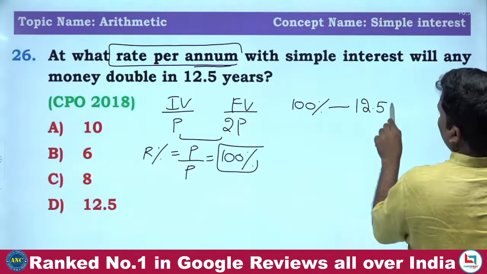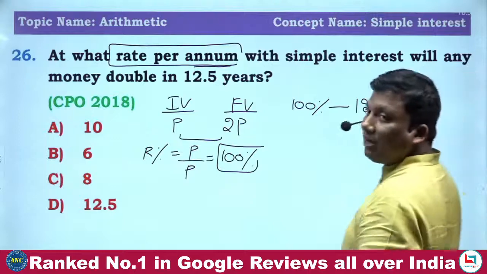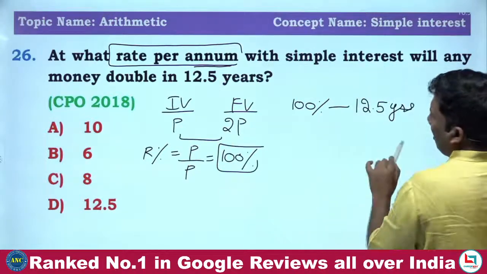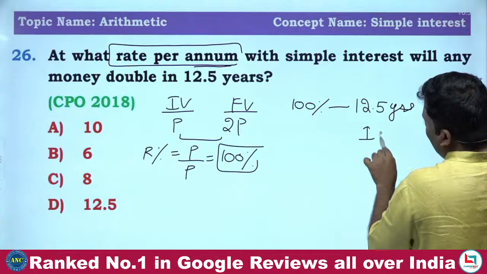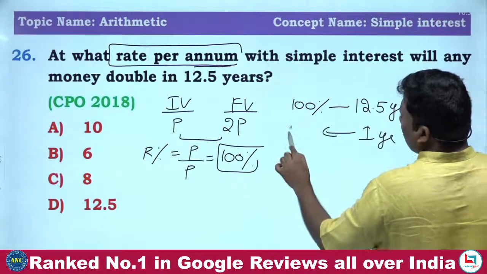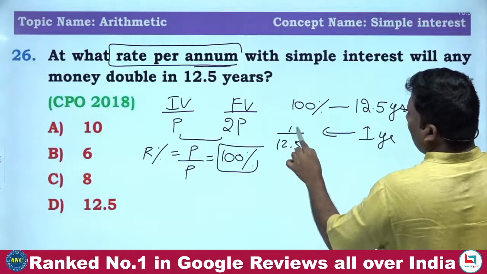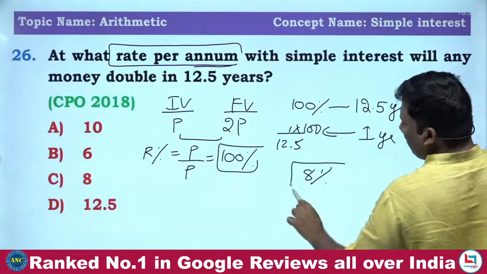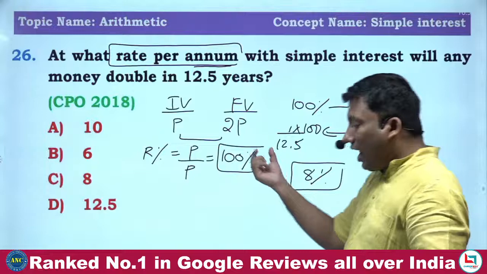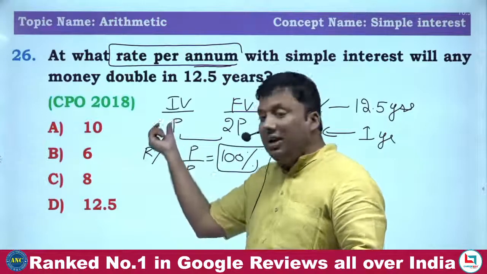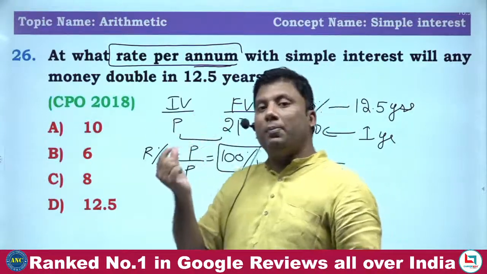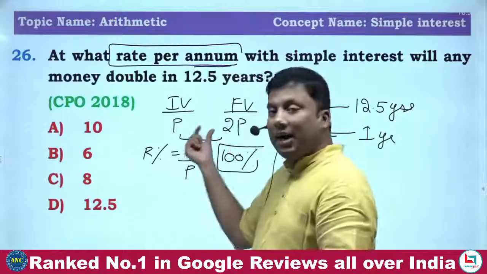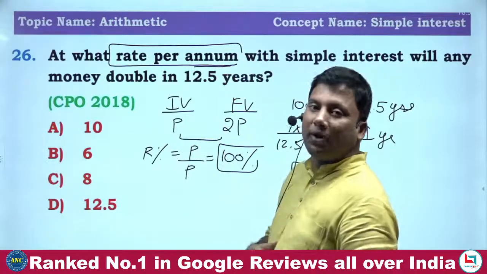In 12.5 years, the effective rate of interest is 100%, but we require per annum. One year we require. So 1 by 12.5 into 100. So totally the rate of interest per annum is 8%. P became 2P, the principal became double, in 12.5 years.